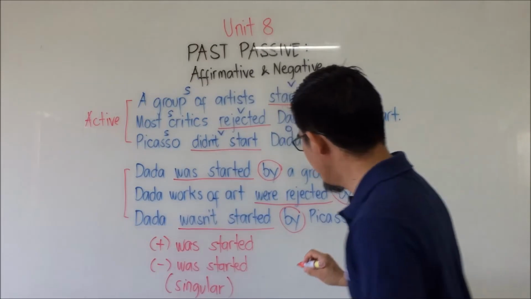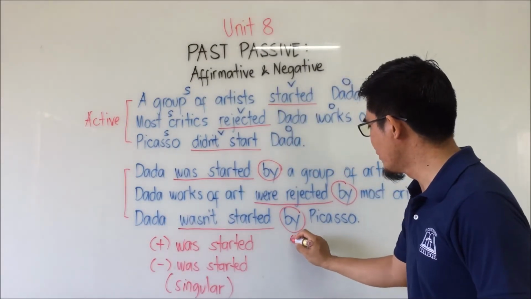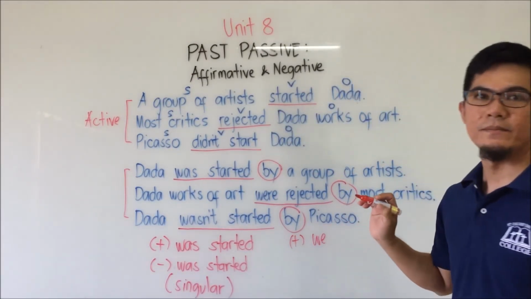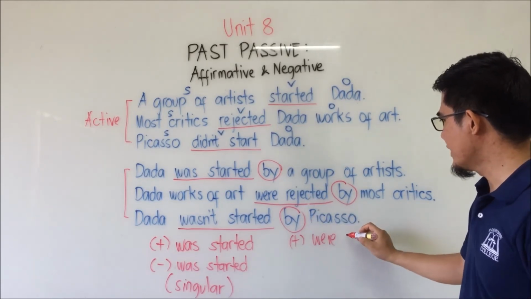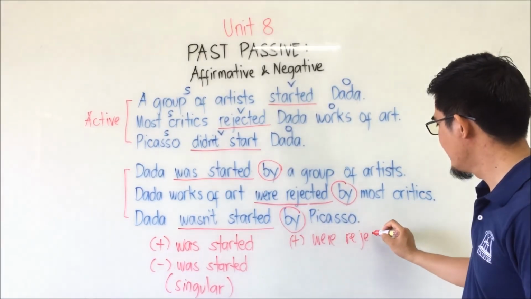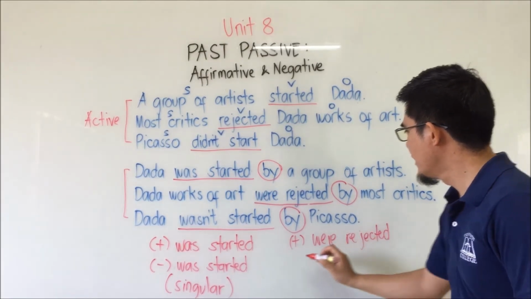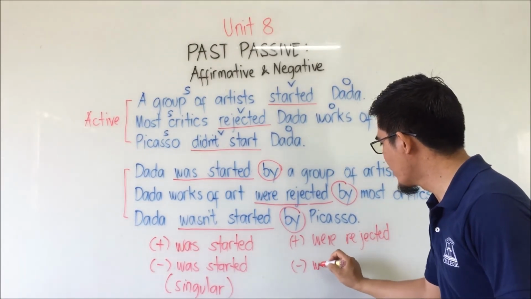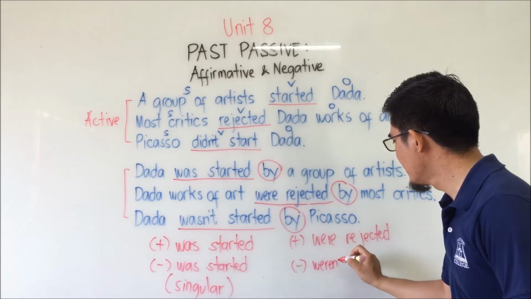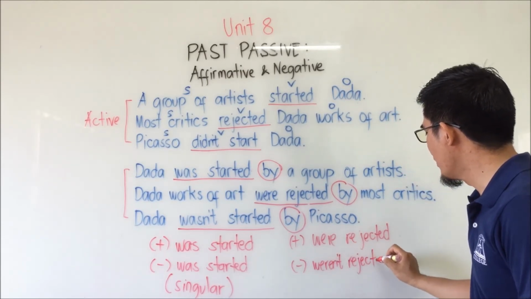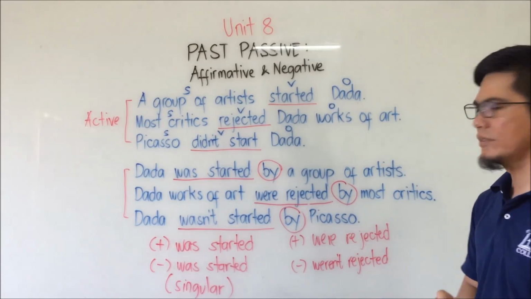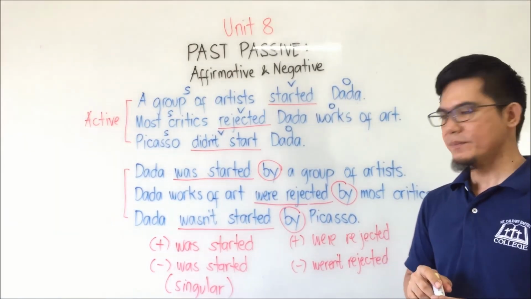What about for plural? We use were rejected for affirmative. For negative, weren't rejected. So we've got 4 rules.